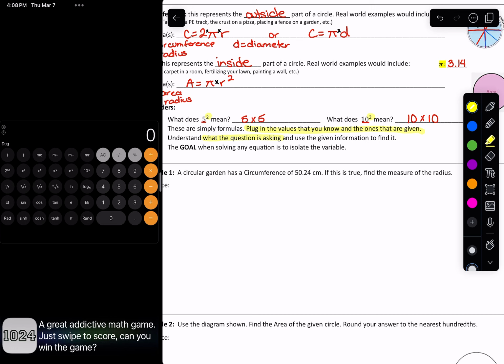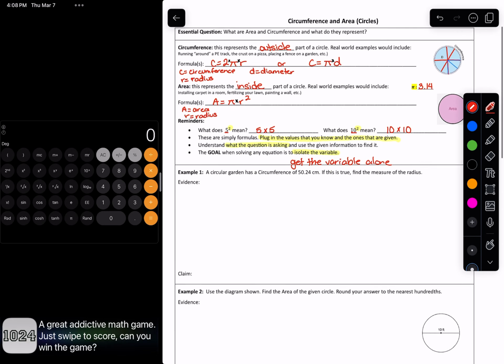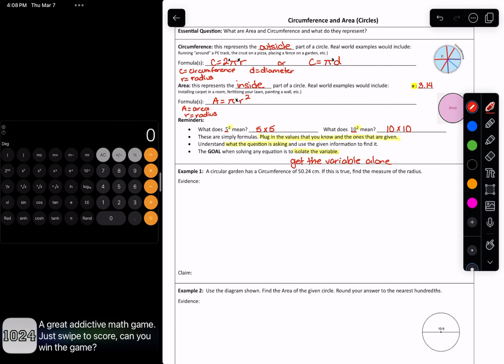Okay. So the goal, when solving an equation, is to isolate the variable. In other words, get the variable alone on one side of the equal sign. Okay, so those are some notes.